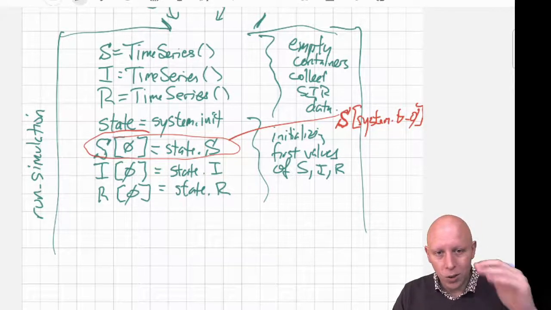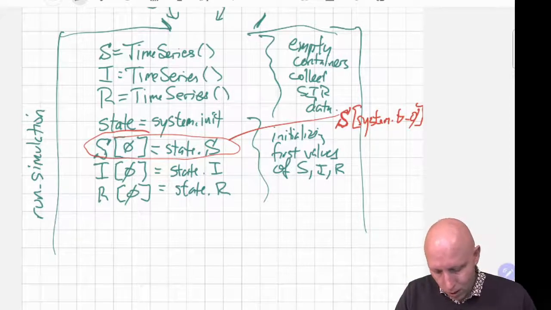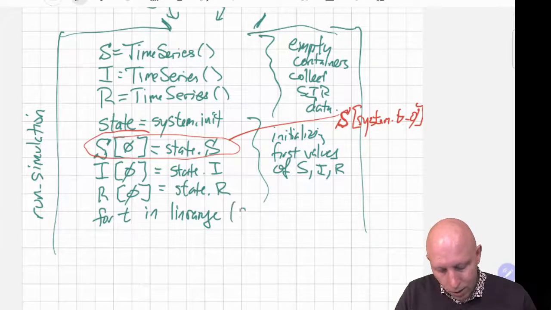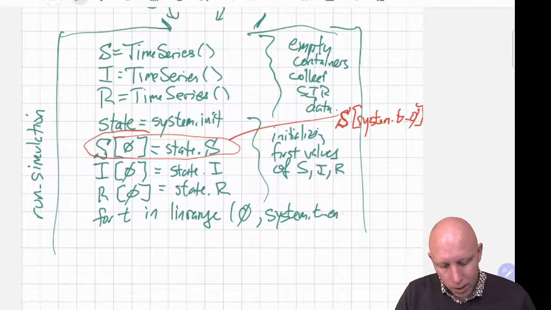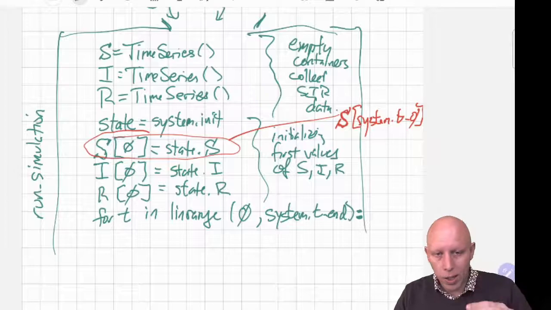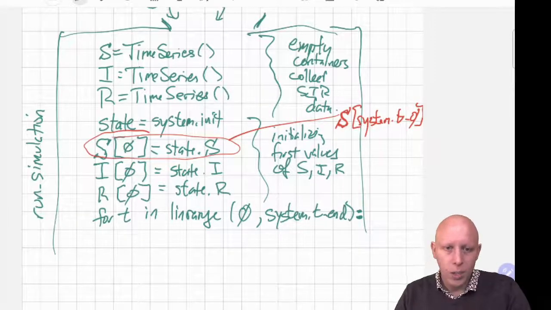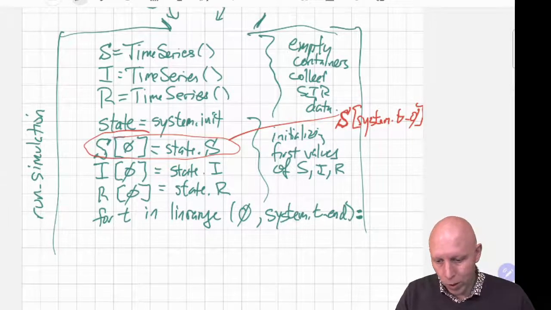All right, so now we've started collecting this information. We have our initial time piece, and now we do for t in linrange that starts off at 0 and goes up to system.t_end. So for every time, starting at the initial time 0 and going up until the end time, what do we want to do?